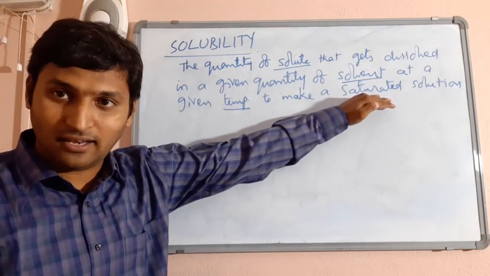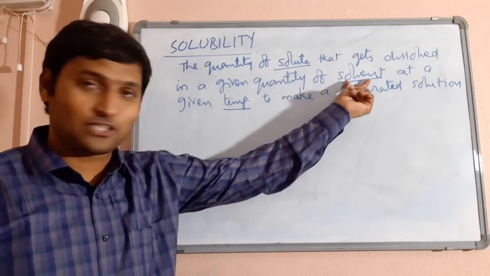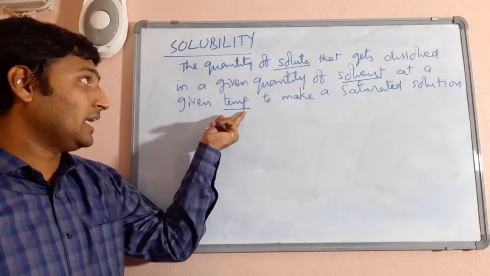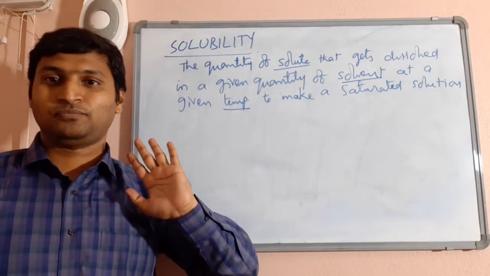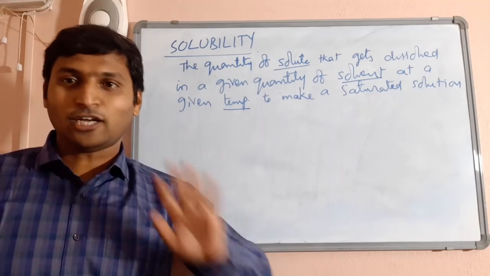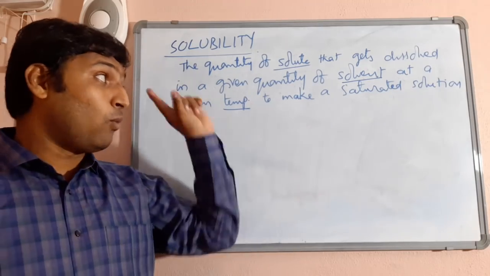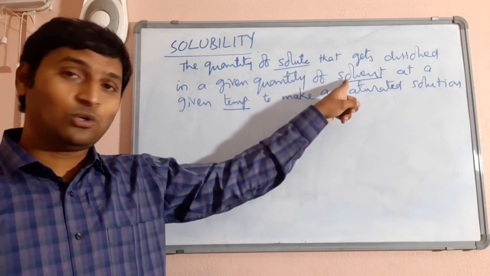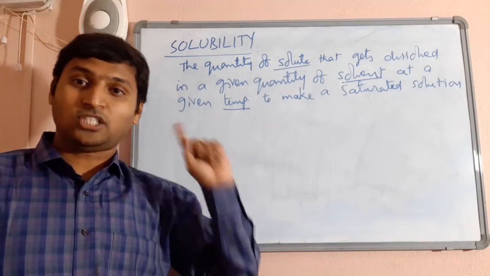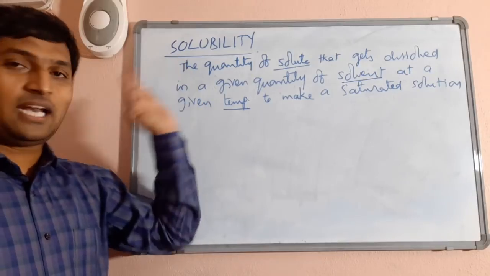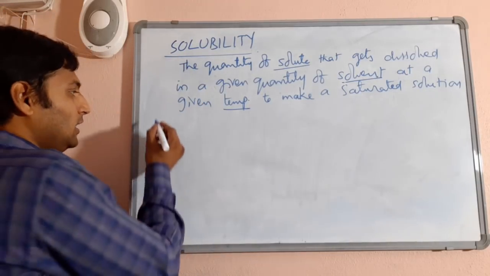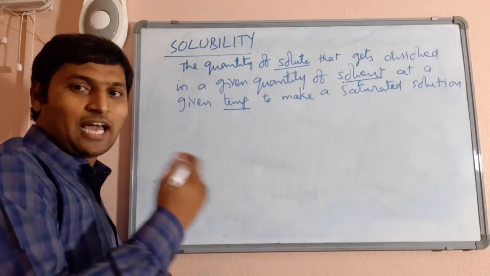To reach that level in a given quantity of solvent at a given temperature, what quantity of solute is required is called its solubility. So solubility is nothing but quantity of solute. But what should be predefined? The amount of solvent and the temperature at which we are dissolving must be predefined. Clear? If you are clear with this definition, solubility can be expressed in more than one way.